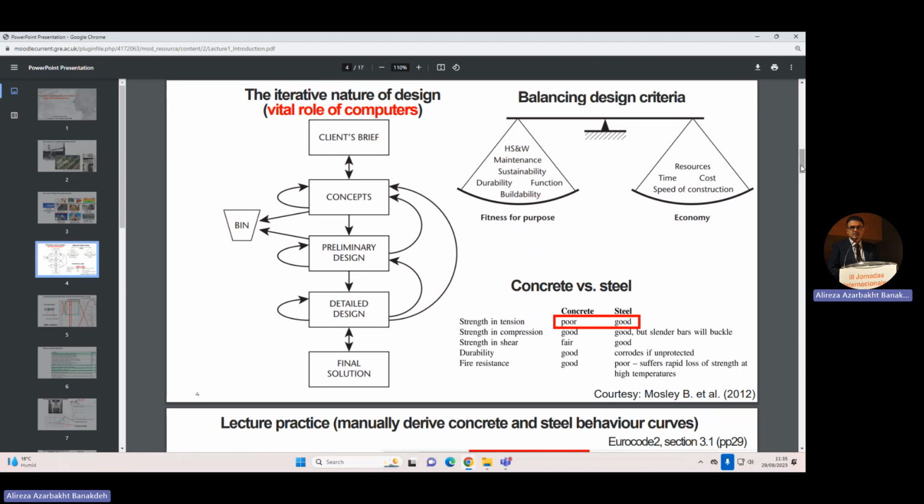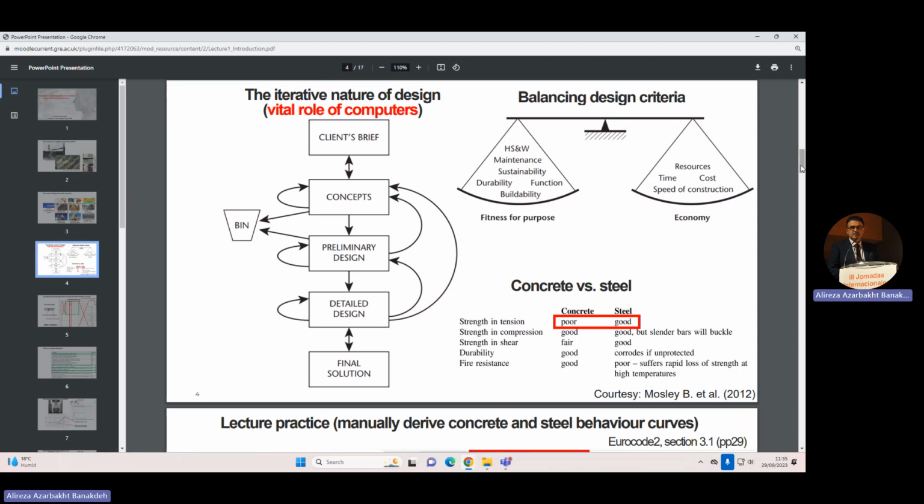That's why there should be a balance, isn't it? Because we cannot say, okay, I want 99.99% reliability and durability and functionality in my building. You would need to pay 5 times the cost of a regular building. Do you pay? No. So there should be a balance between these criteria.